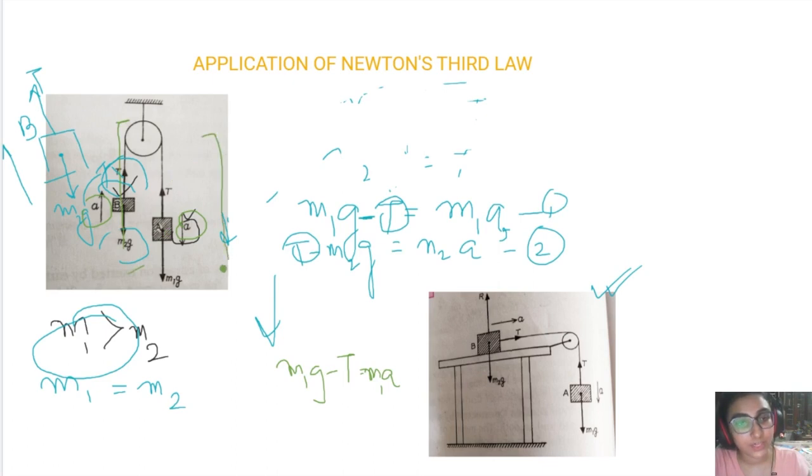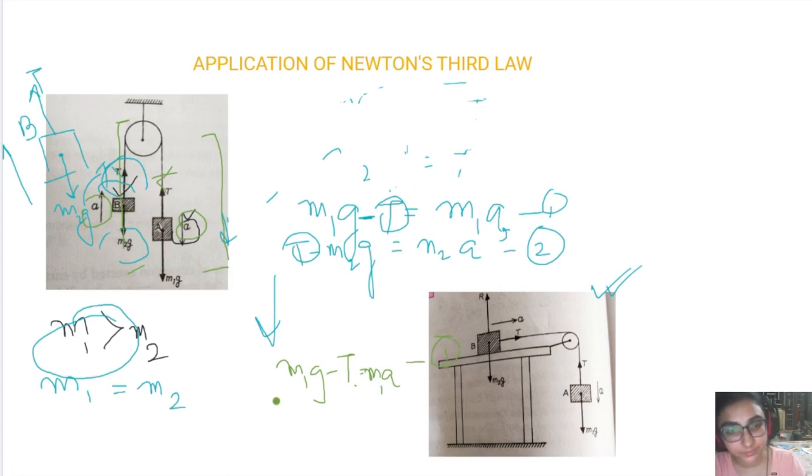And one whole system can only have one single acceleration, right? So since both these bodies are connected by the string, both of them will have the same acceleration. It will not be a1, a2, it will always be a. तो यहाँ पे हो गया m1g minus T equals m1a, number 1.